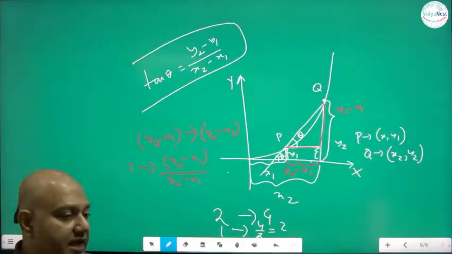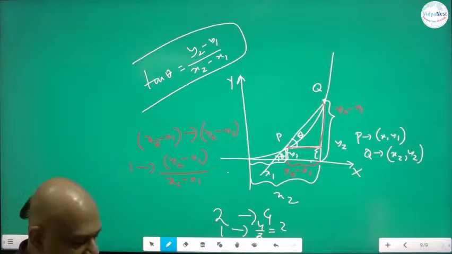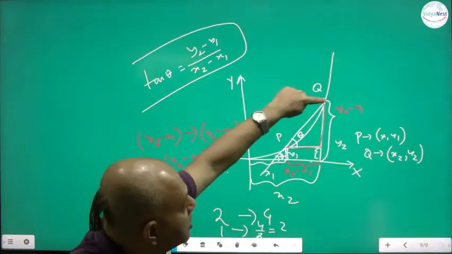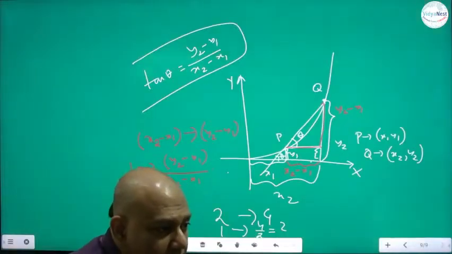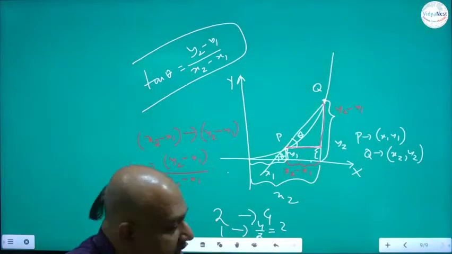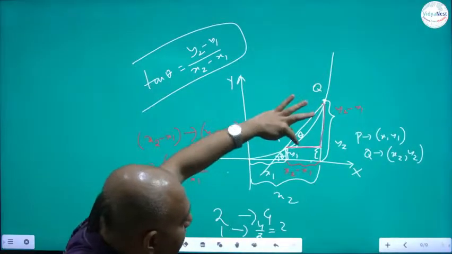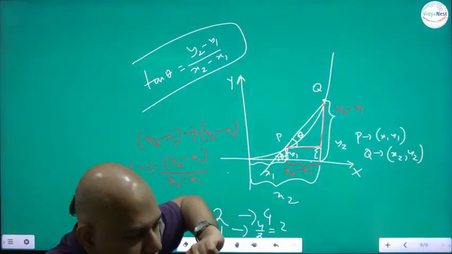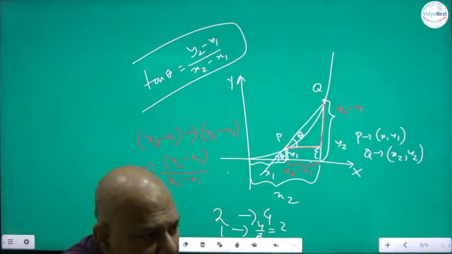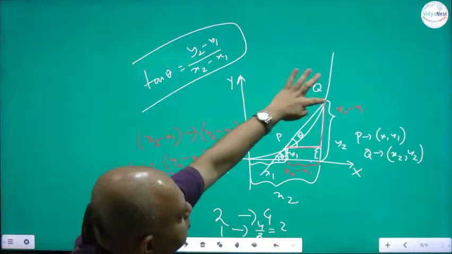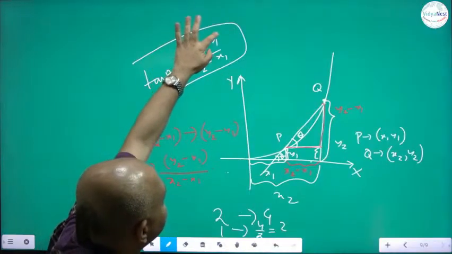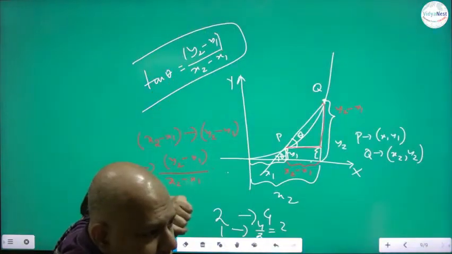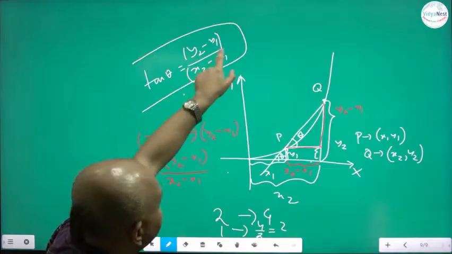Okay. Now, Saurabh, see, if I bring the Q nearer to the P, what the thing is going to happen? You can see when Q is moving towards the P, it is coming nearer to the P, y2 minus y1 becomes small, and also x2 minus x1 becomes small.